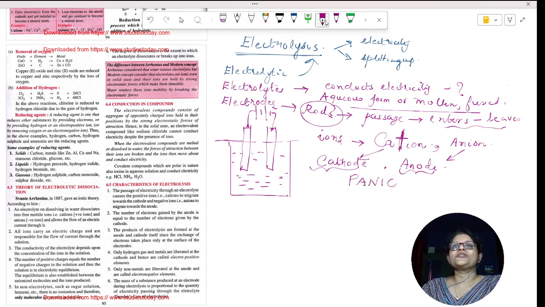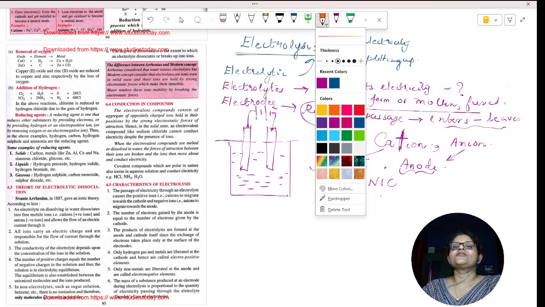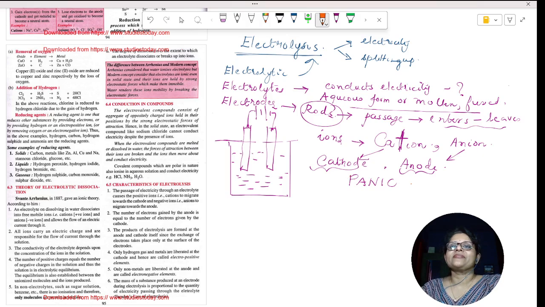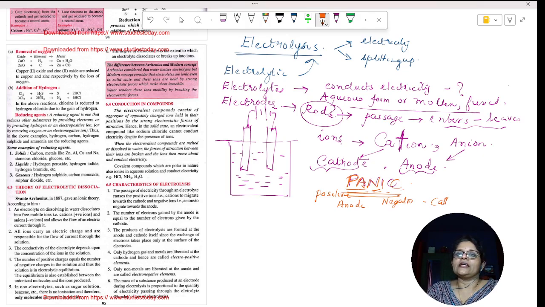You should not panic. From the word PANIC itself, we can find out which electrode is which. Pa, positive, is anode, and NiC, negative, is the cathode.